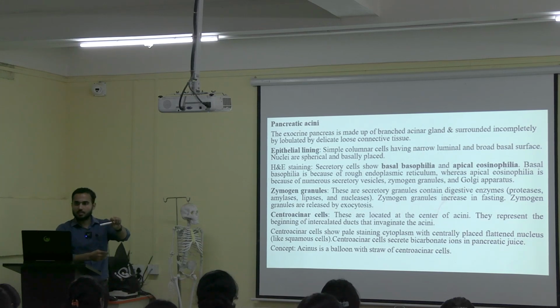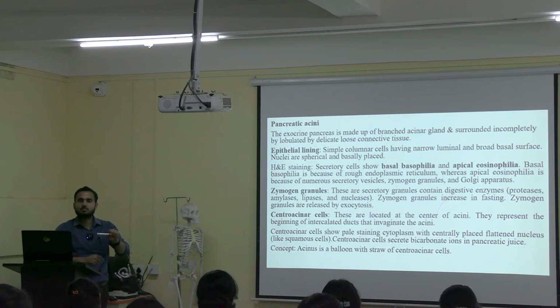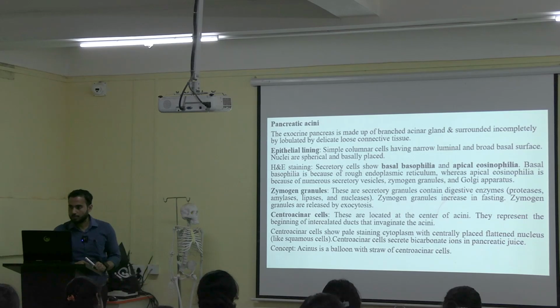If you take a section over here and prepare the slide, this particular part is completely made up of acinar cells, but at the center you will not get acinar cells. Instead, you will get cells of the duct. That's why it is called a centroacinar cell.